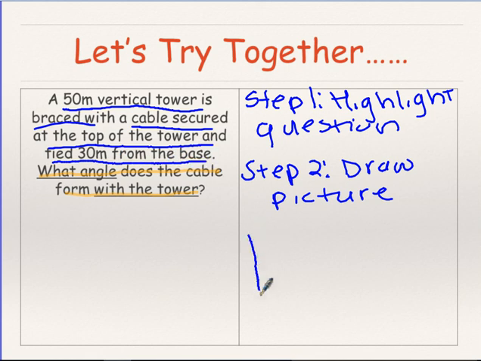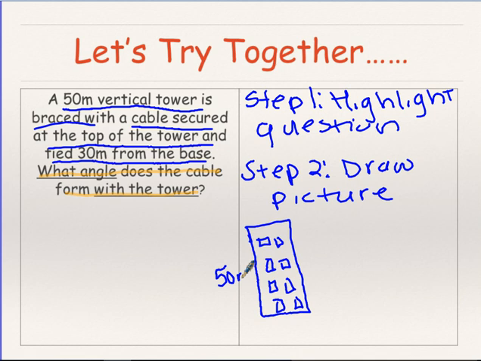Okay, so I'm going to draw a tower, and you draw your pictures however you want. This is yours. Do what you do to it. And it told me that if this is my tower, it's going to be 50 meters. So I know that's 50 meters.